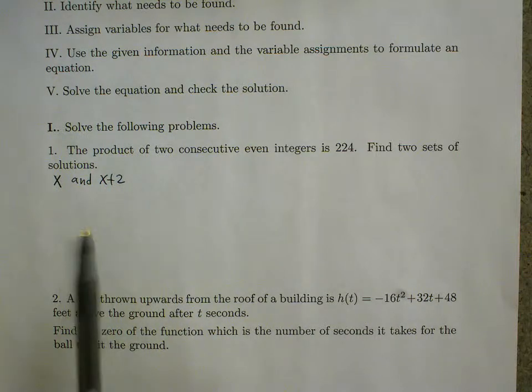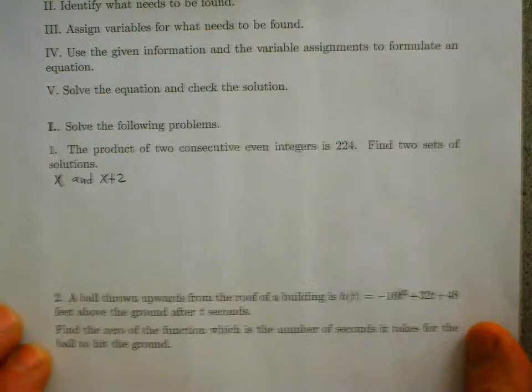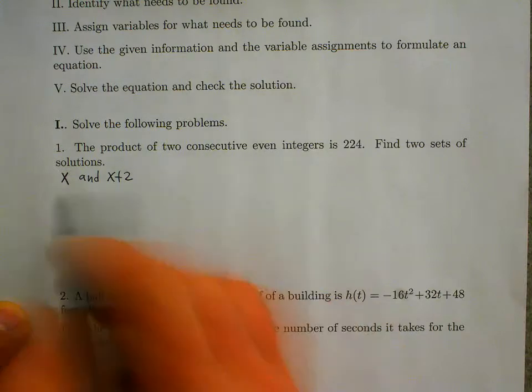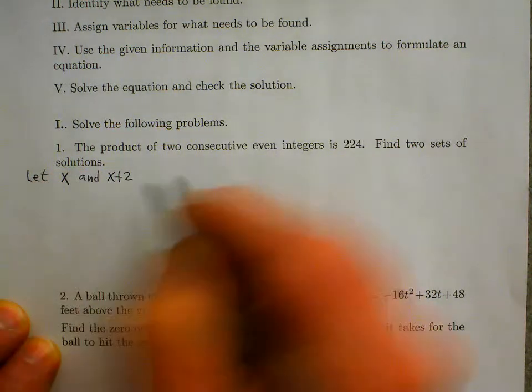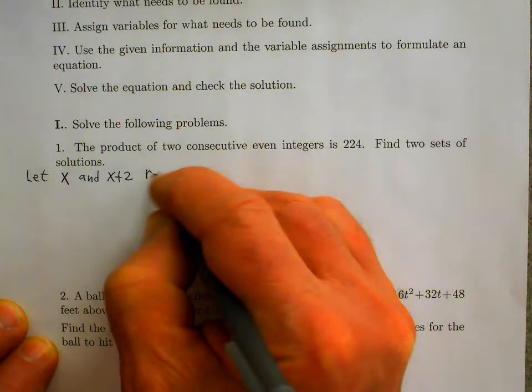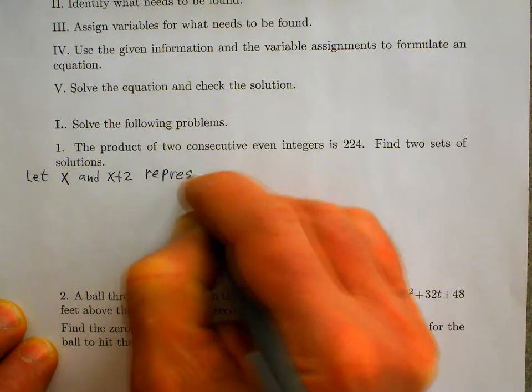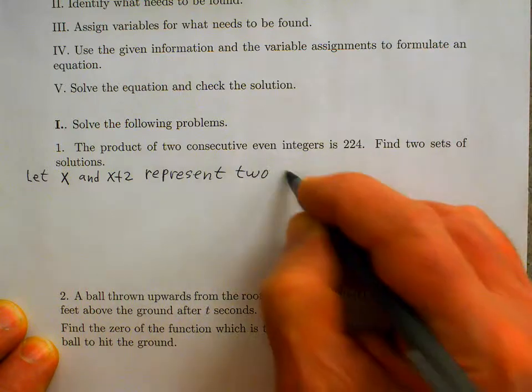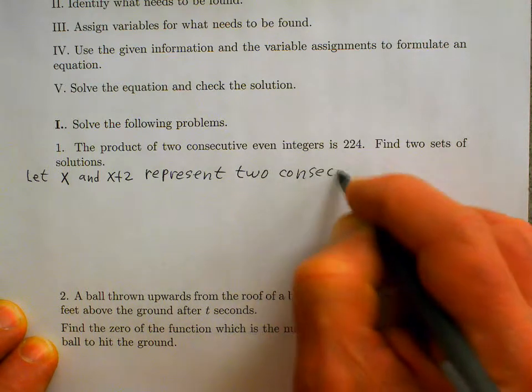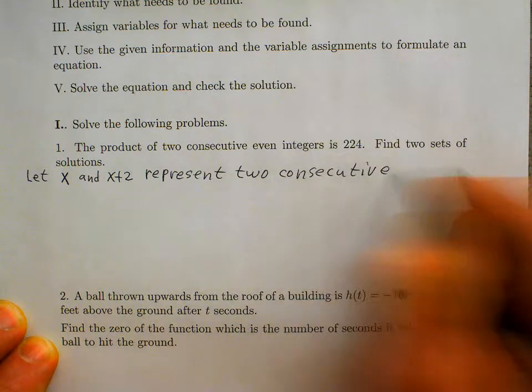Okay, so now what do we do with our variable assignments? So I'll write out a little bit more here. Let x and x plus 2 represent two consecutive even integers.